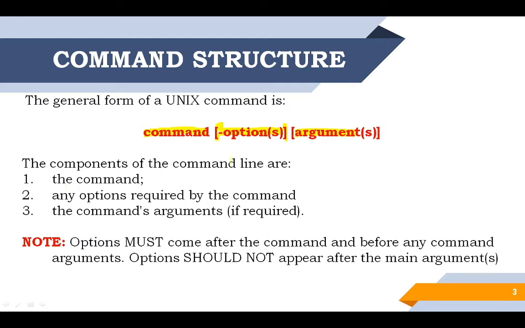The components of the command line are the command, the options required by that command, and the arguments required for that command. Just make a note: options must come after the command and before any command argument. Options should not appear after the main arguments.